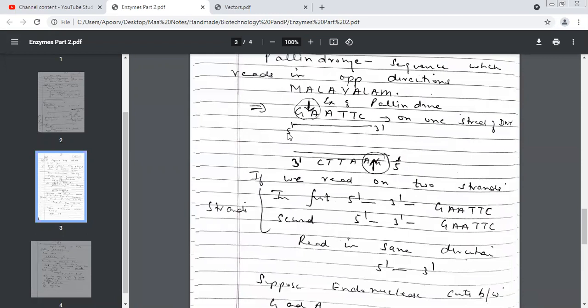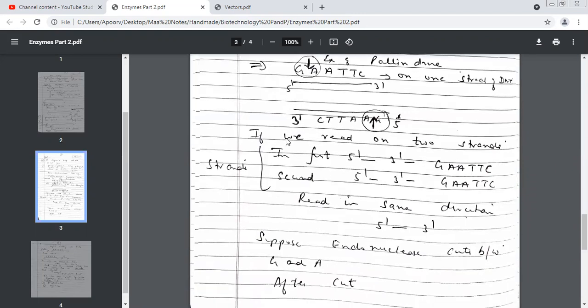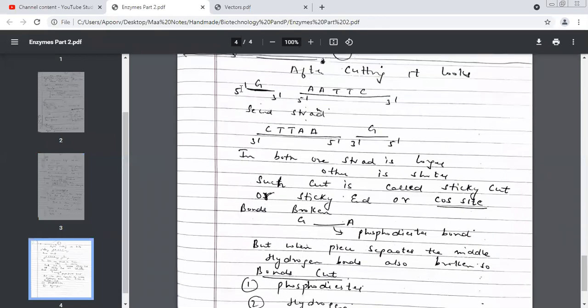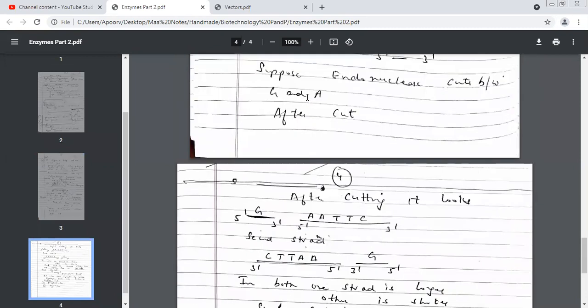Here, beta, this was which prime? 5 prime. So when this G gets cut, it becomes a separate strand of DNA. Because the left side was 5 prime, this will become 3 prime. And always we have alternate ends.